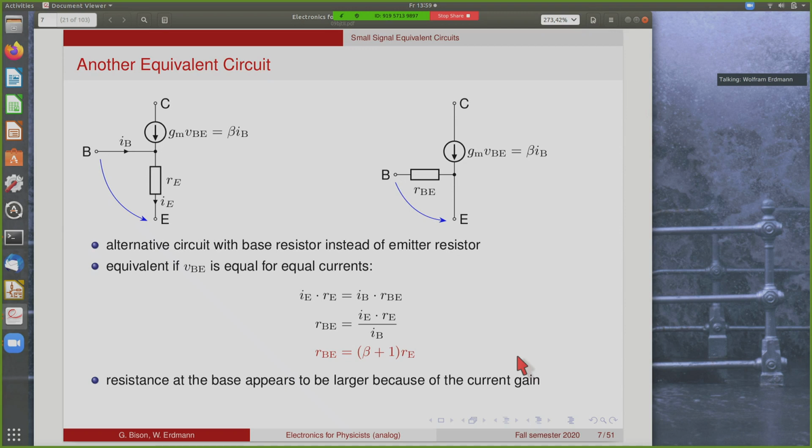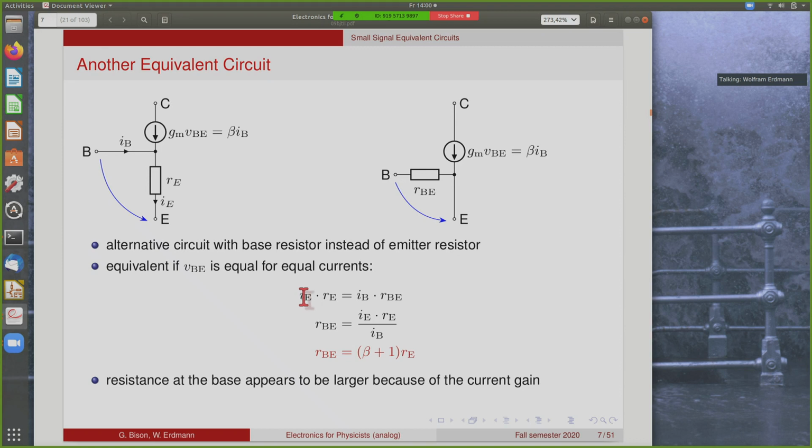Before we do this, I would like to mention that there is another equivalent circuit which does the same thing. We have seen that instead of looking at the emitter voltage, one can also look at the base emitter voltage here. They are equivalent if we get for the same currents the same base emitter voltage, and this is easy to see.